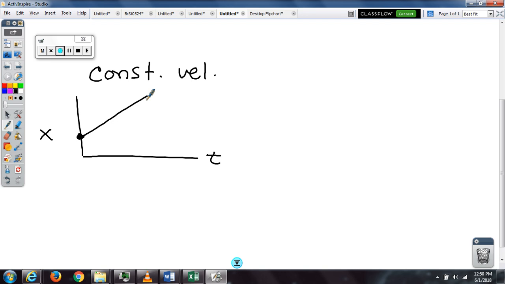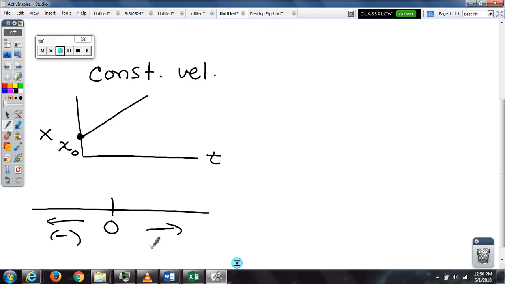What that tells me is that the object has some initial position x0. So where that is located, if you have a number line, this is the negative direction, this is the positive direction, this is the x-axis. This object is located at some position to the right. So at time equal to 0, that's where the object is.